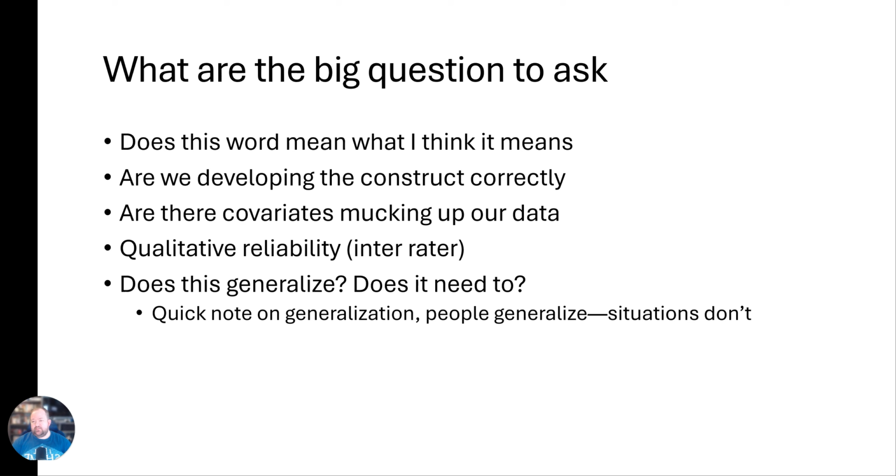Qualitative reliability. This is one that sometimes quant folks will throw at you and say, well, just because you noted this thing doesn't mean that's real. That's just your opinion. Okay, true. And in psychology, we have solved this problem through inter-rater reliability measures, where multiple people use a qualitative measure, and this is also heavily used in observation, and they are trained on the measure and what you're trying to do.